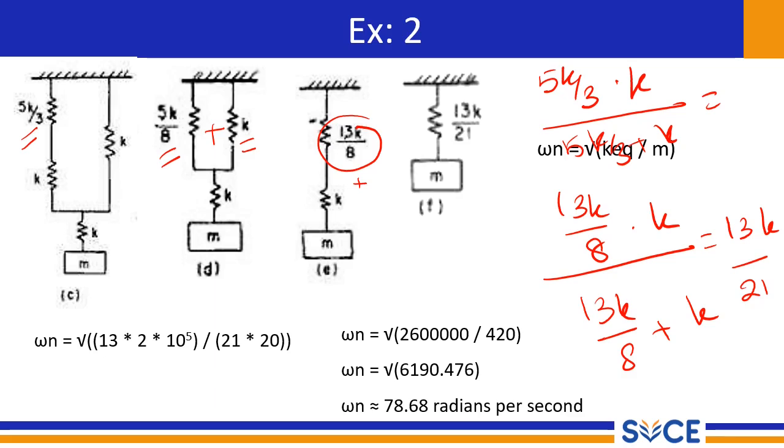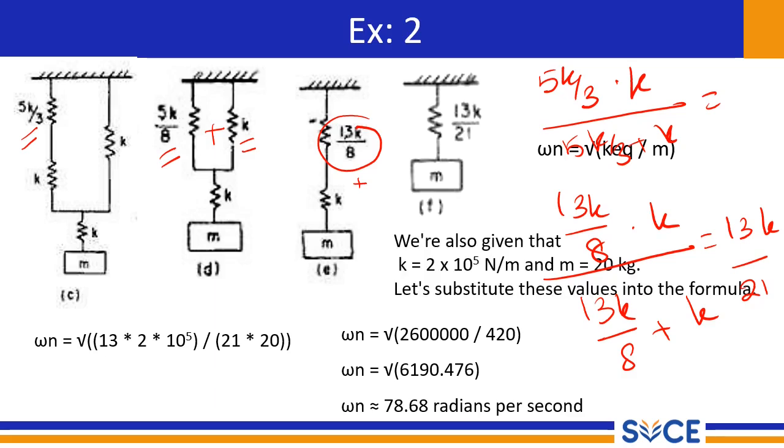So at this final step, the entire system of 7 springs has been simplified into a single spring with an equivalent stiffness, by applying the concept of springs in series and springs in parallel. That equivalent spring value is 13K by 21.